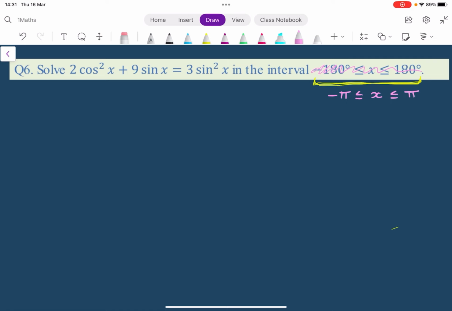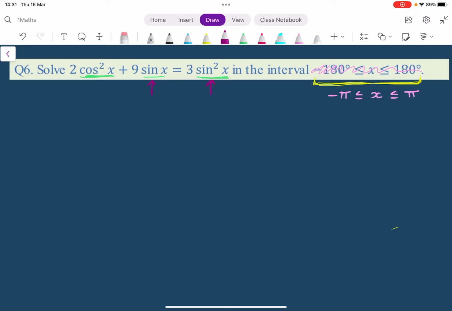Okay, so hopefully you notice straight away I've got cos squared, sine, and sine squared. I can't solve it unless I change it to 1 trig ratio. So this is my clue here. There's nothing I can replace sine x with.